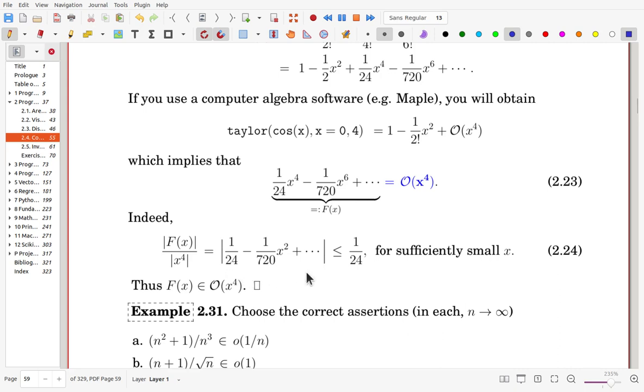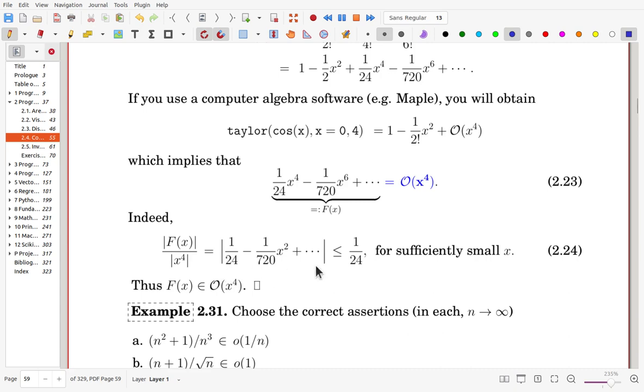Now, this summation is an alternating series and is becoming smaller and smaller. Also, x is approaching 0, so the later terms are much smaller. In this case, this summation is bounded by the first term, which is 1 over 24.